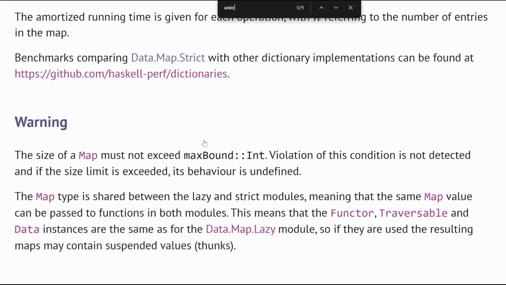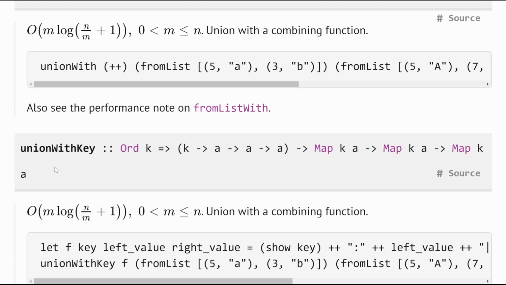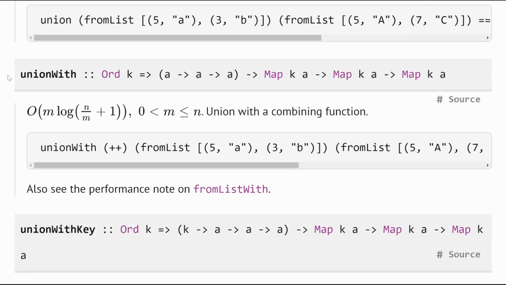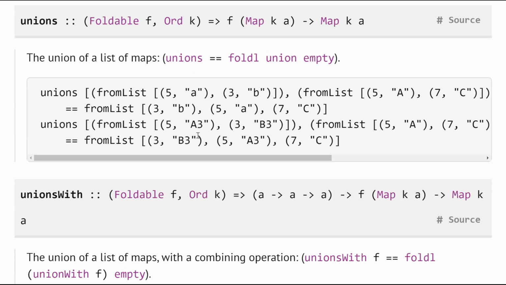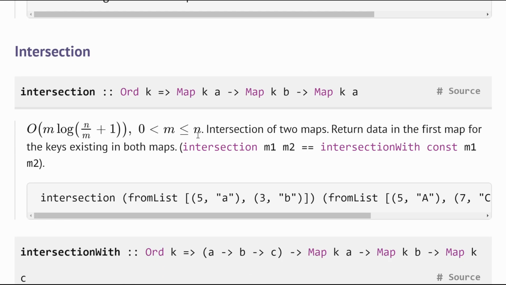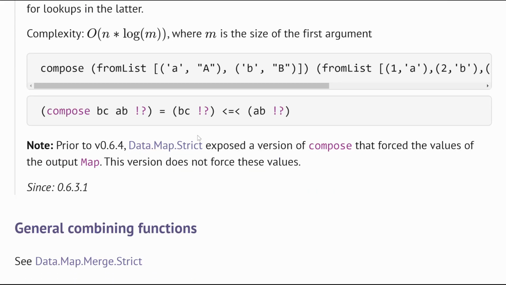That's not what I want. I hate you. Shoot, maybe I can't use foldMap. I want unionWith mappend. I don't want union. Man.